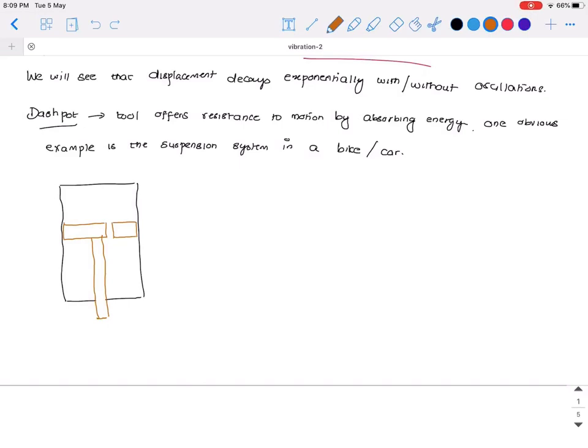So we have a piston and a cylinder, and within it you have some liquid.